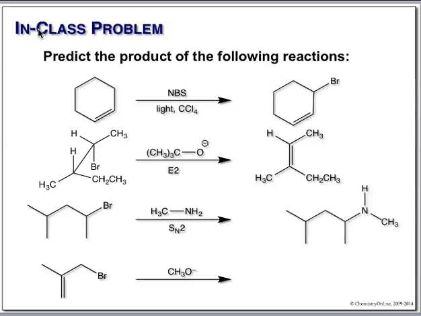Now, if you had drawn this as NH2, that would be fine. You put NH2 positive, but typically we want to lose that hydrogen in the reaction conditions to get the neutral amine. Again, all we do is substitute the nitrogen for where the bromine is.